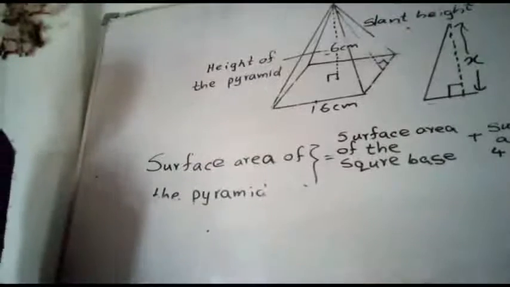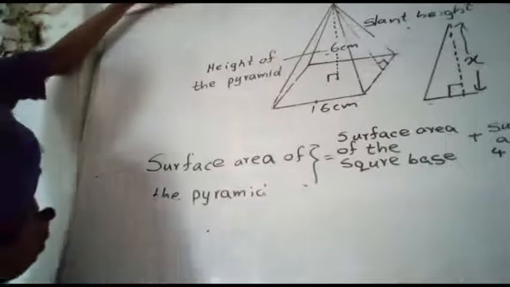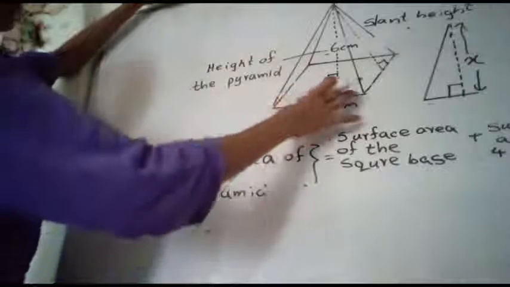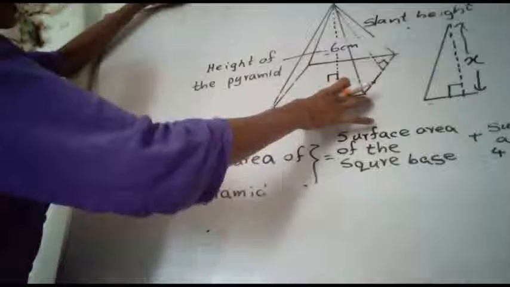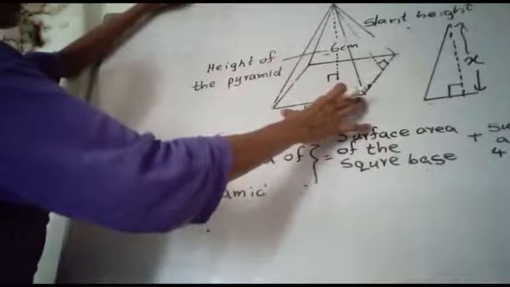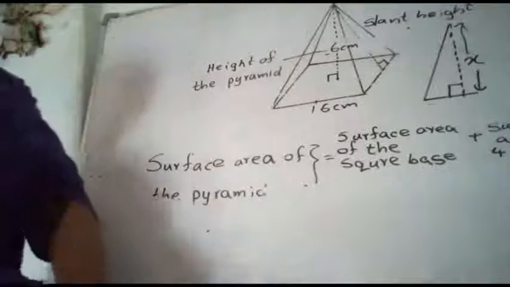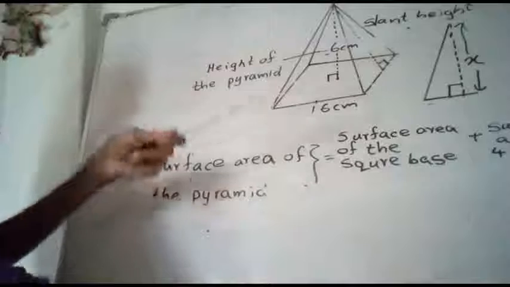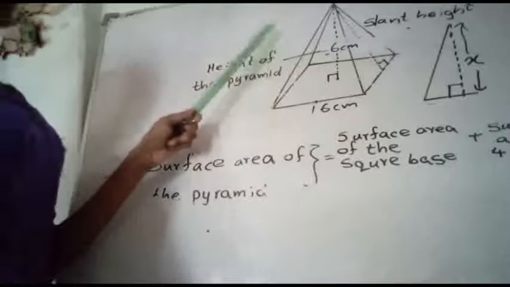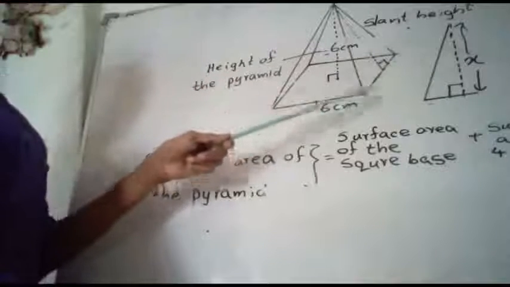Next question. The side length of the base of a square base right pyramid is 16 centimeters, and the perpendicular height of the pyramid is 6 centimeters. Find the perpendicular height of the triangular surface.